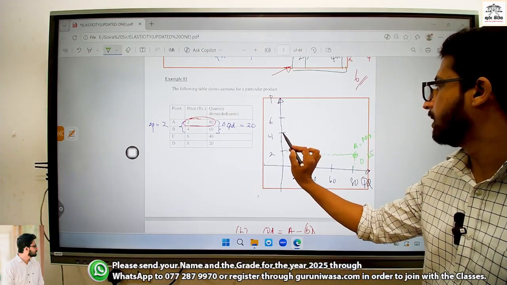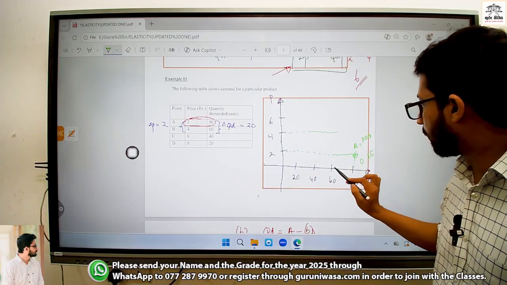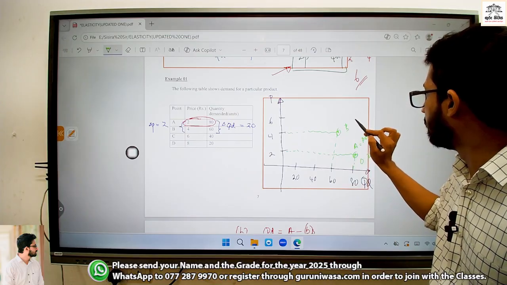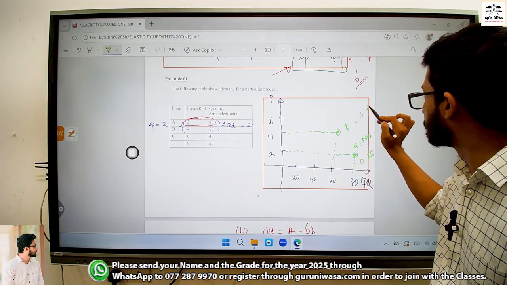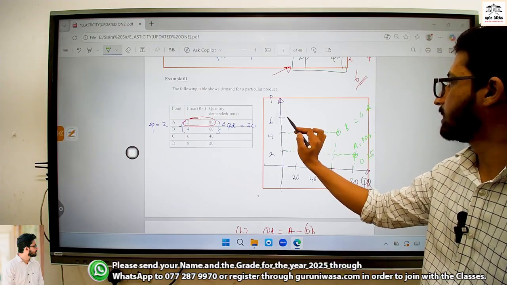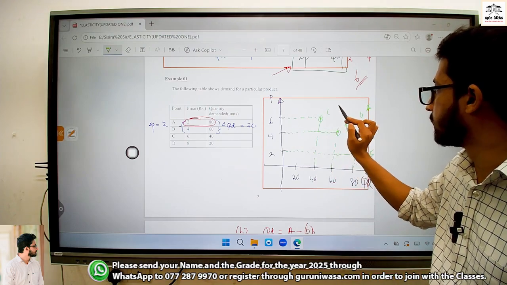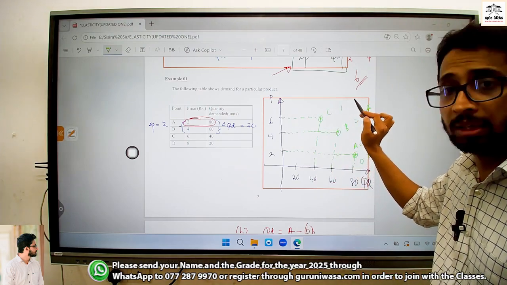At point B, 0.66. At point B, PED value is 0.66. At point C, 1.5. This is point C. PED value is 1.5.